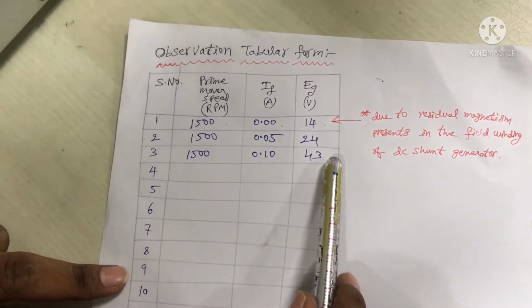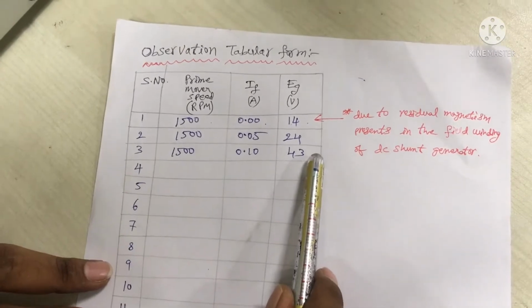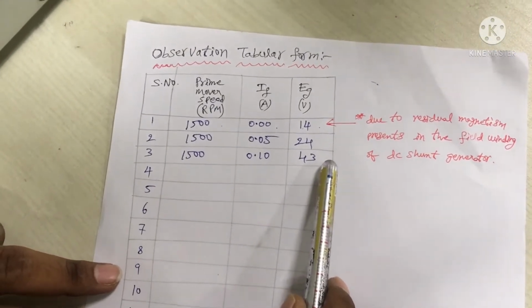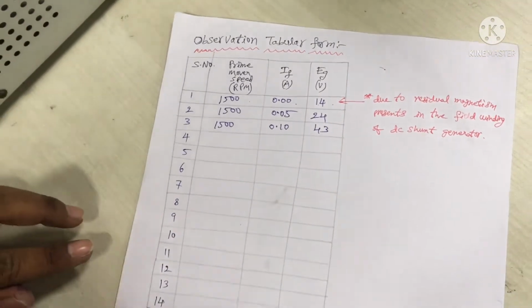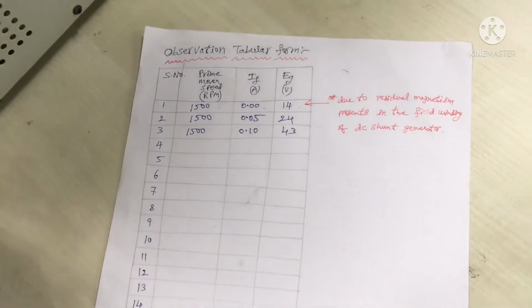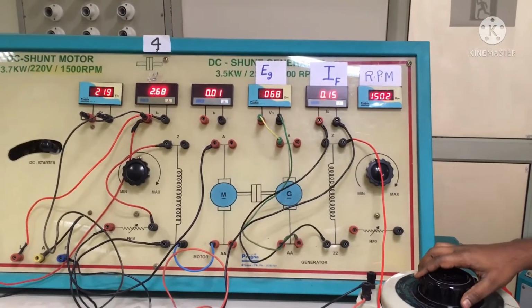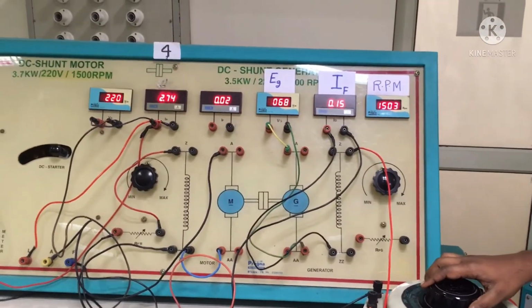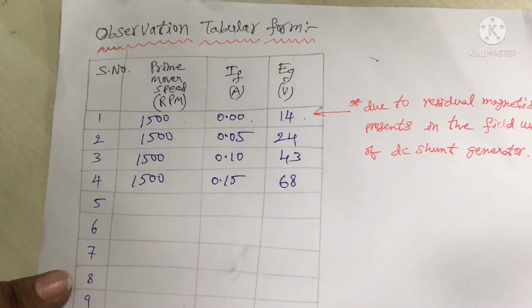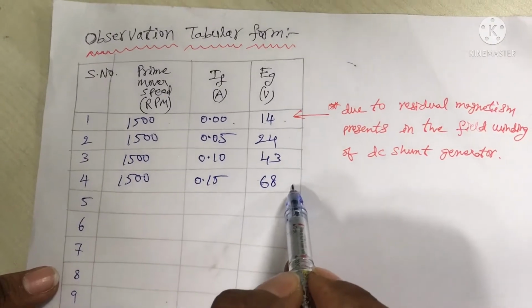Again, we are going to increase the current through the field winding of DC shunt generator to 0.15 amperes. We have noted down the values here.